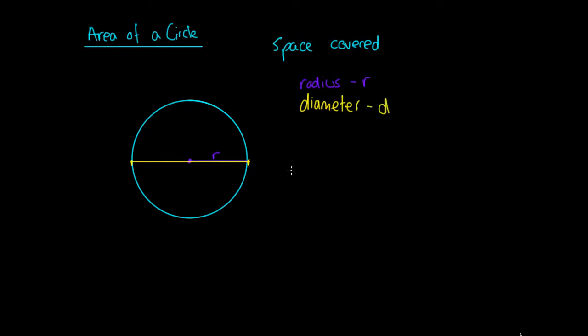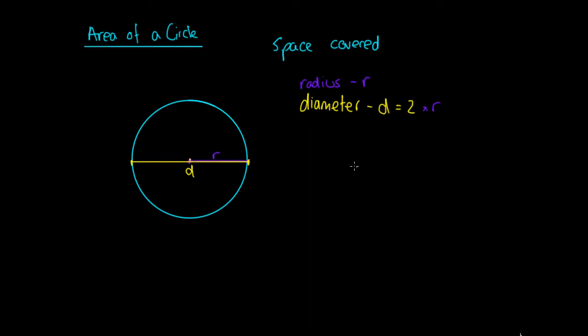Interestingly, if the radius is from the middle to the outside edge, then the diameter must be equal to 2 times the radius, because if the radius is half, then the diameter must be twice. So that's the radius and the diameter.